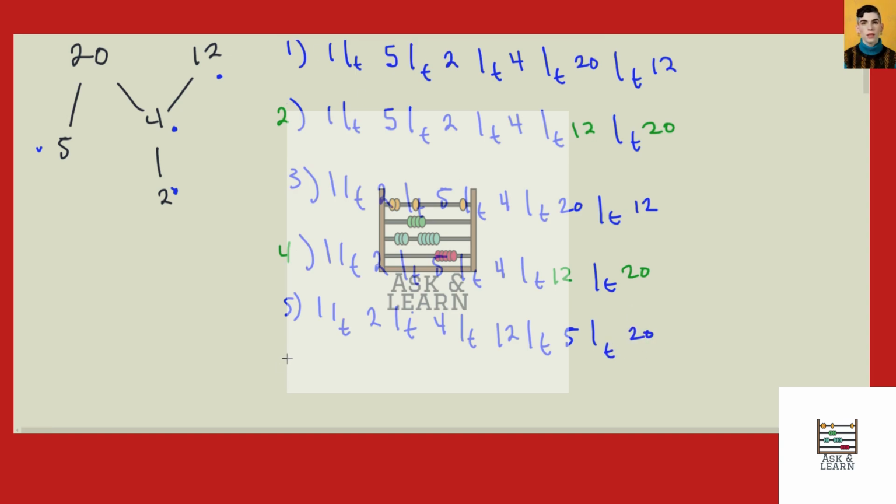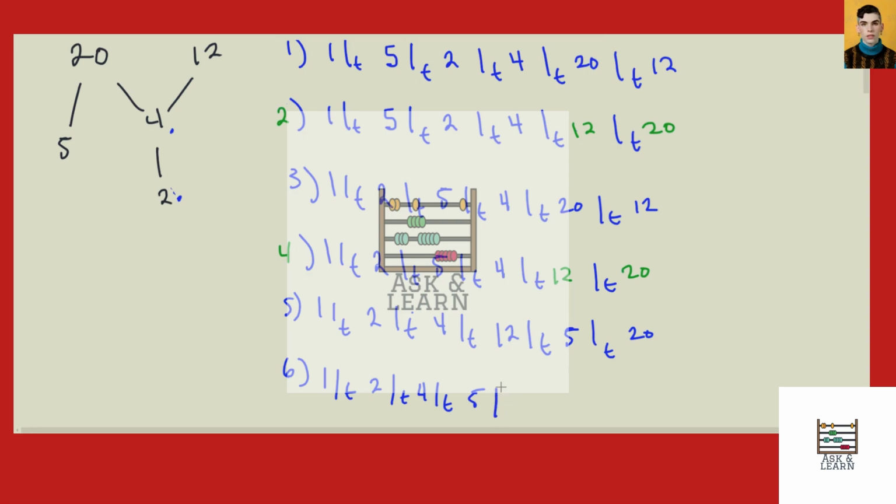Now for 6. If we go through that same initial process, remember we had a choice for 12 and 5. So let's just copy this down just like we did. We'll go 1, 2, 4. Before we went 12, well, let's go 5 now.